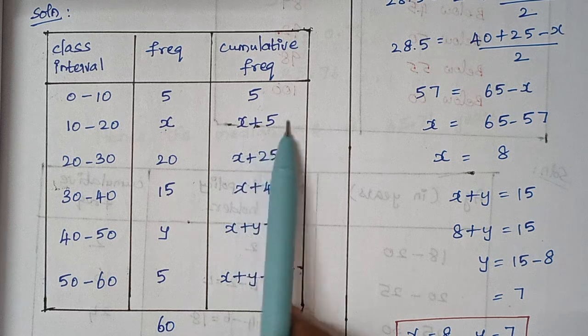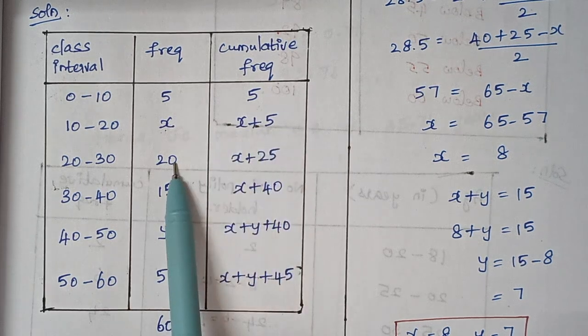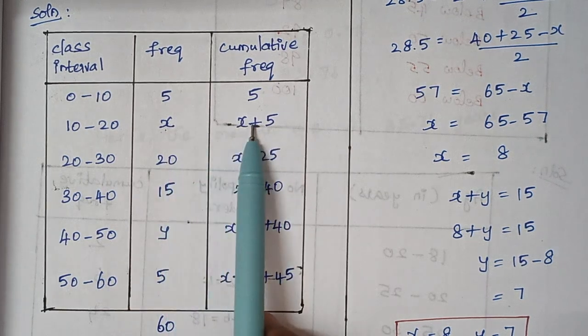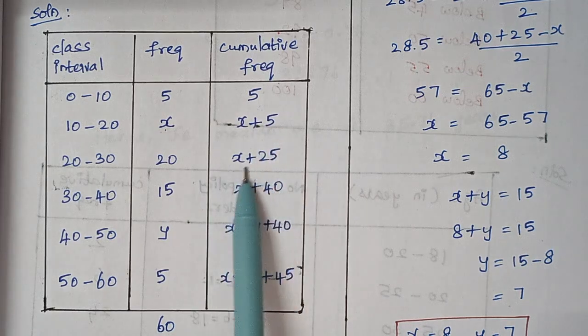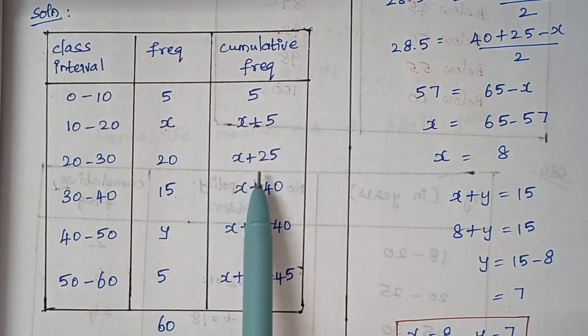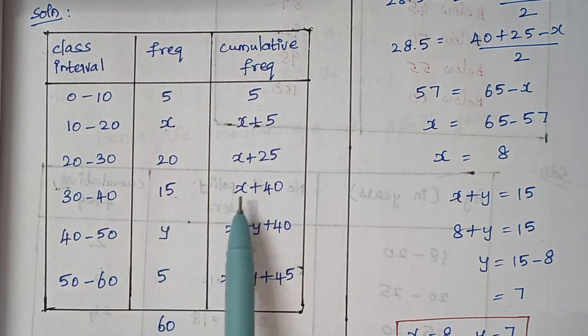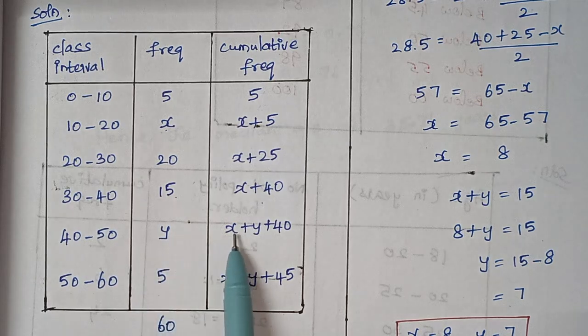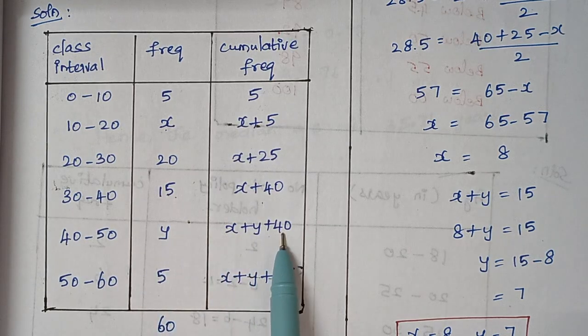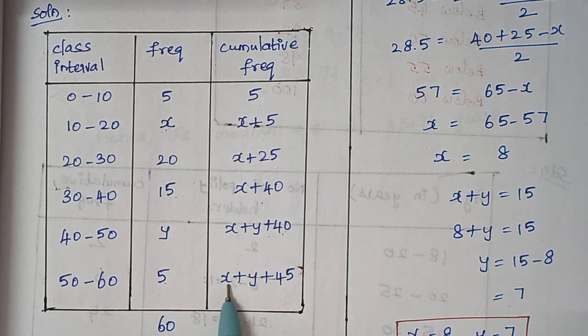And next to this value you have to add 20. So 20 plus x plus 5 becomes x plus 25. And again to this value we are going to add 15. So 25 plus 15 makes 40. So x plus 40. And for the next one again you have to add, so it is x plus y plus 40. And again x plus y plus 40 plus 5 becomes x plus y plus 45.